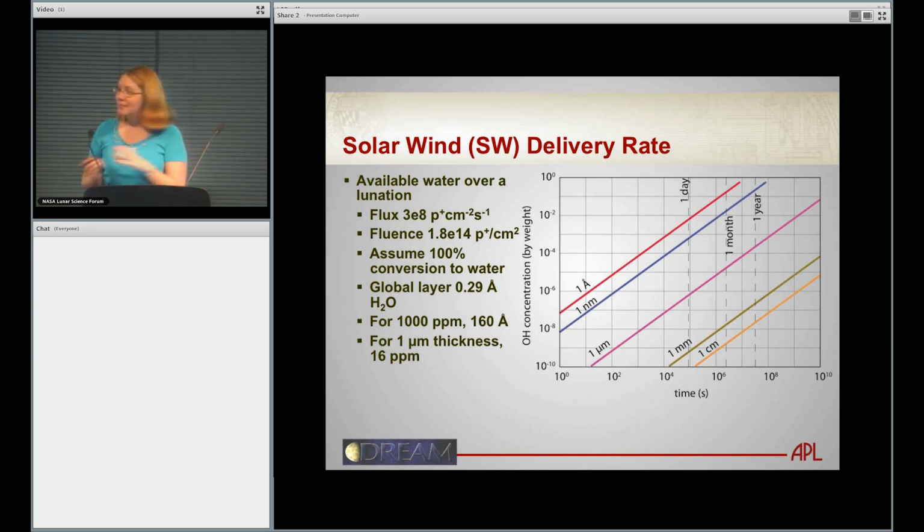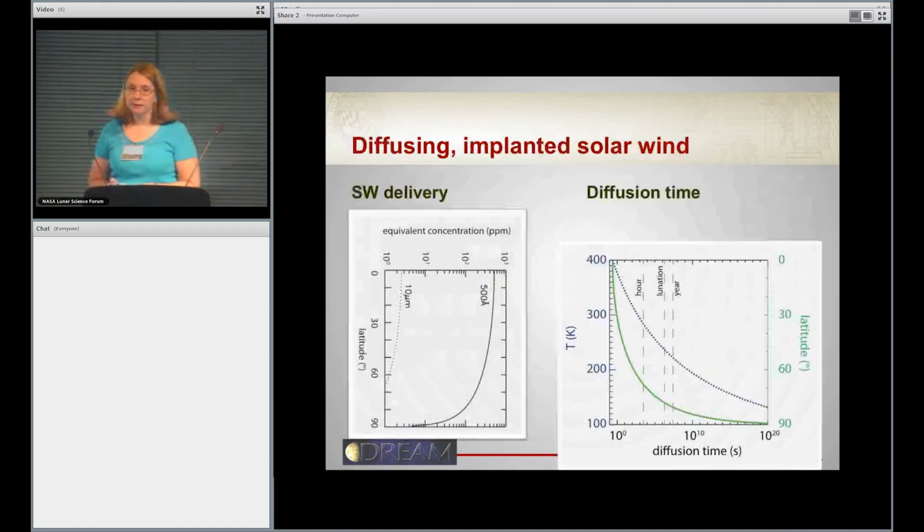If instead, and that's over 1 lunation, you distribute it as like 1,000 ppm, it's a layer that's 160 angstrom thick.